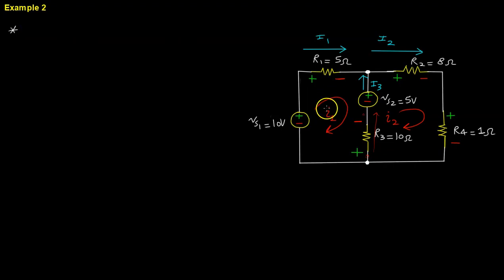So let's go ahead and first see what my currents are. How do my branch currents relate to my mesh currents? We can see that the capital I1 is equal to the lowercase I1, and that is because they're exactly the same. The definition we've given here shows that they're exactly the same up to this node.